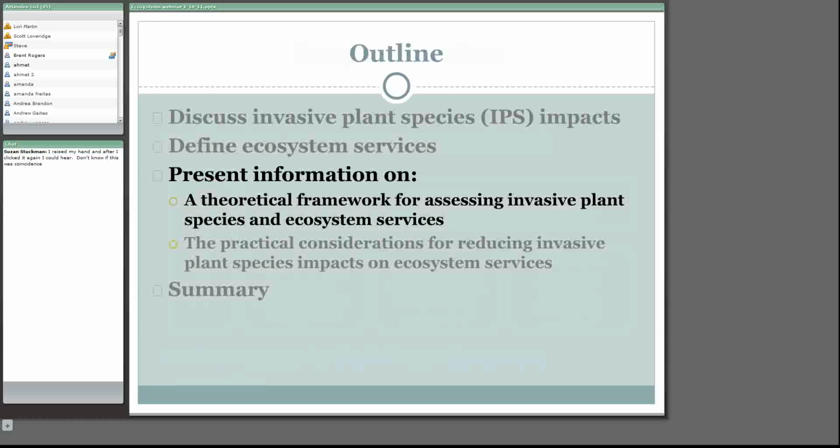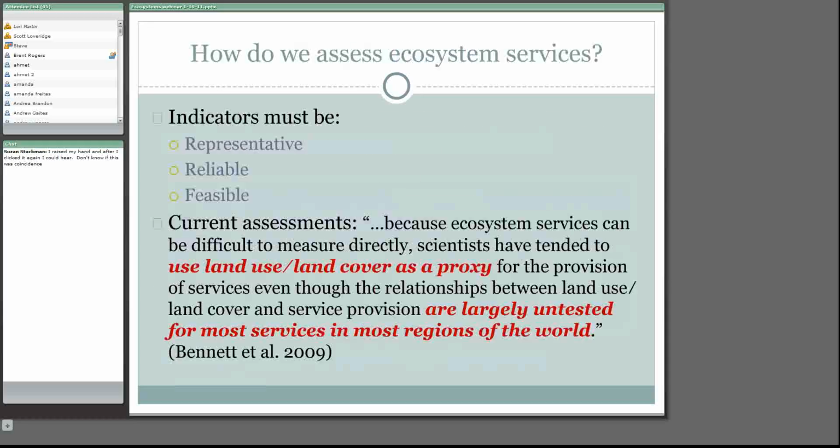First of all, one question is, how do we assess ecosystem services? Indicators must be, first of all, representative, they must be reliable, and they must be feasible. So to meet these categories, we have to account for different factors.